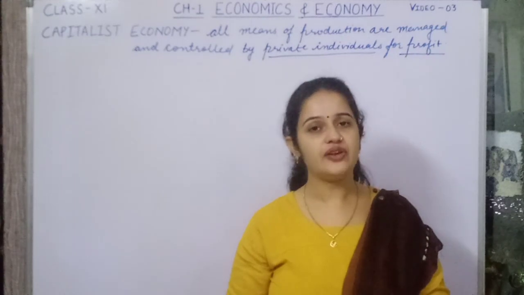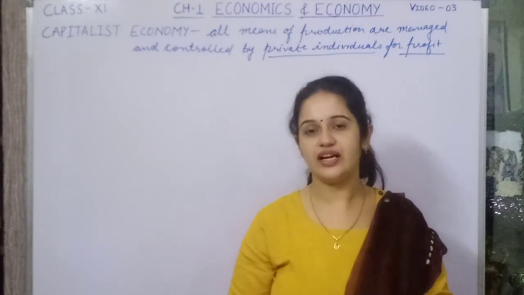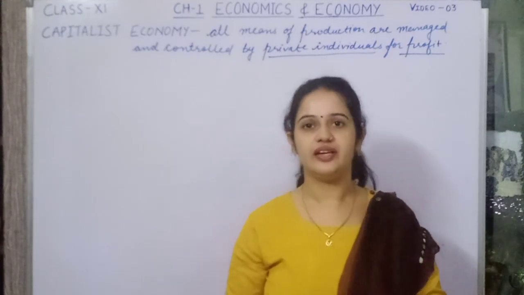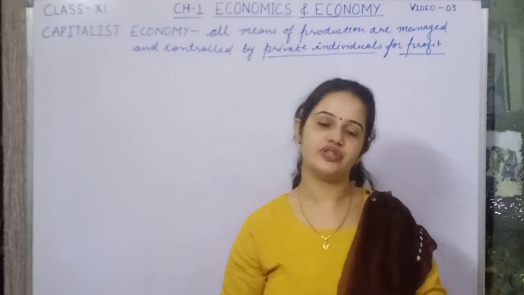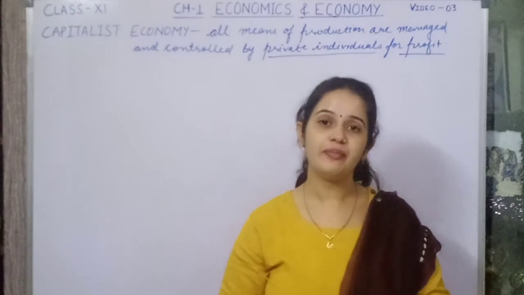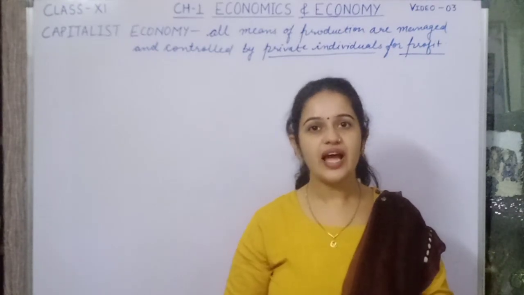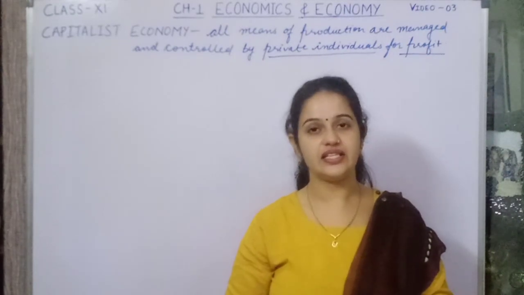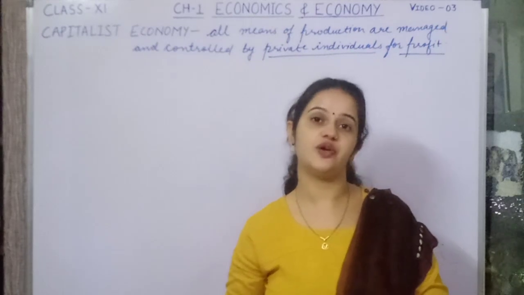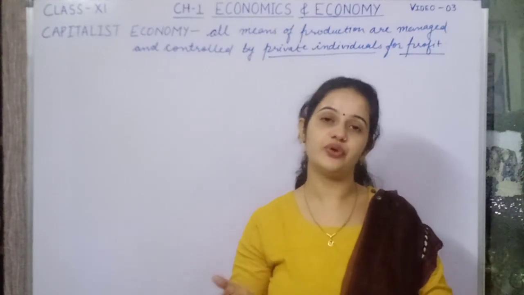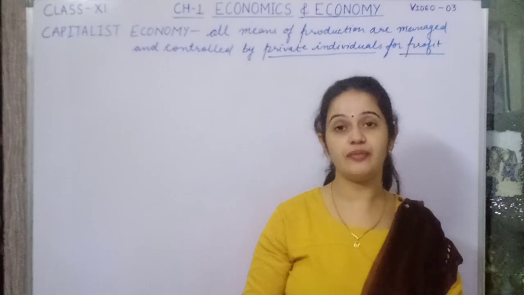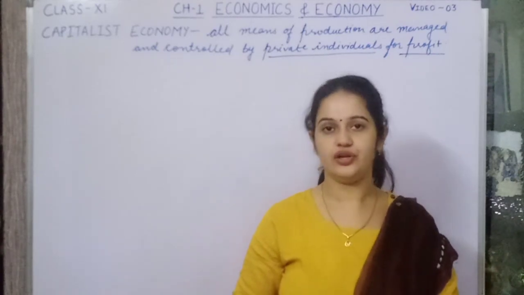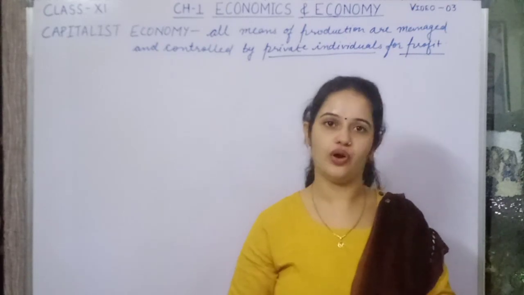Here market forces play freely and prices are decided by demand and supply of goods and services. One main thing is that the producer has to make all the decisions. So he will take decisions in order to maximize profit. He will produce the kind of goods which give him more profit at less cost of production. So this is capitalist economy.